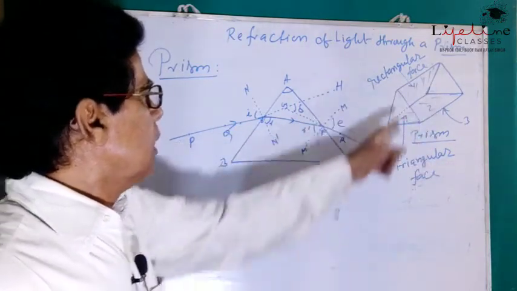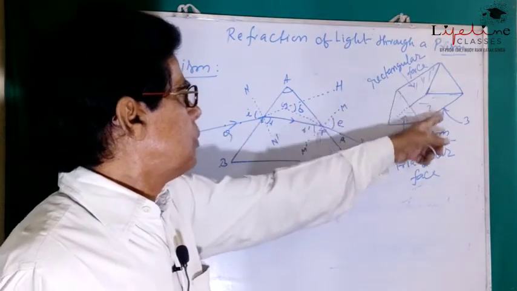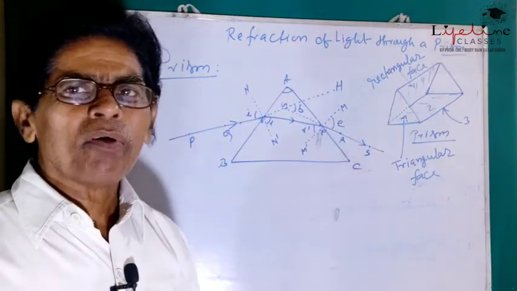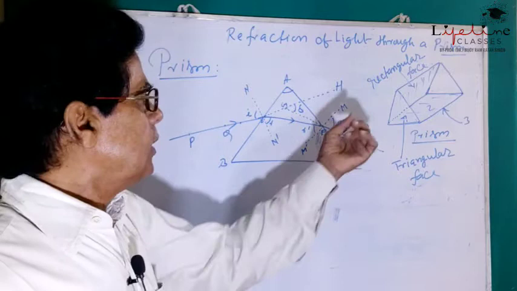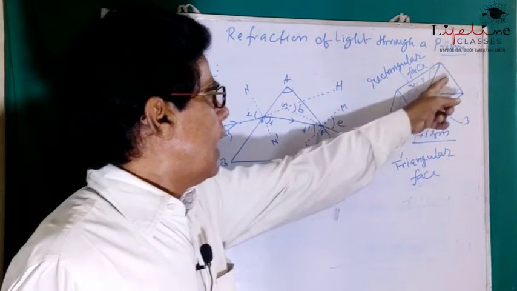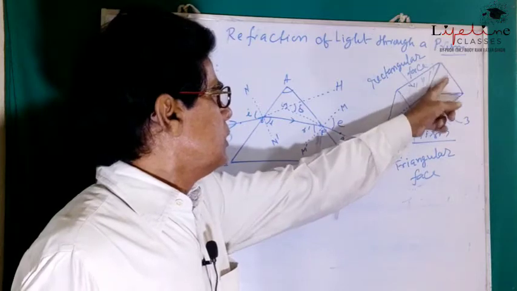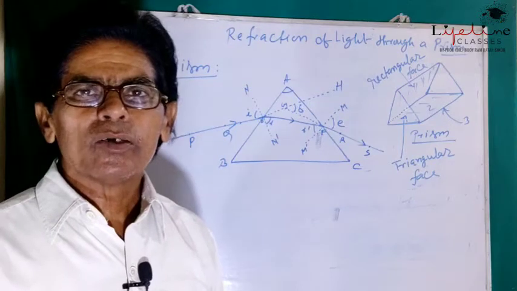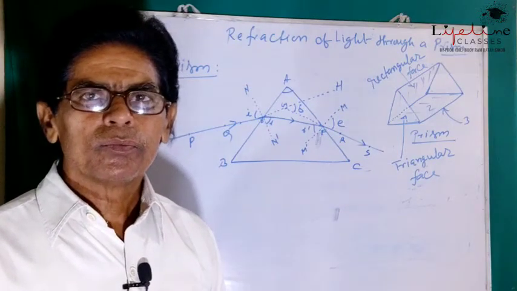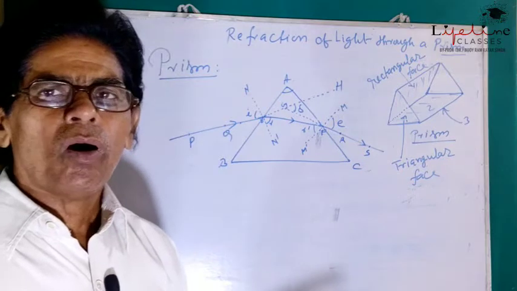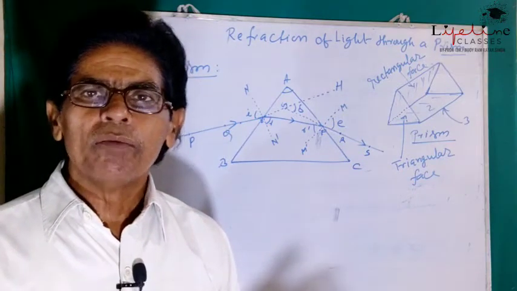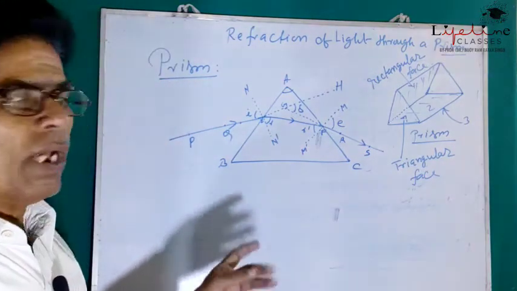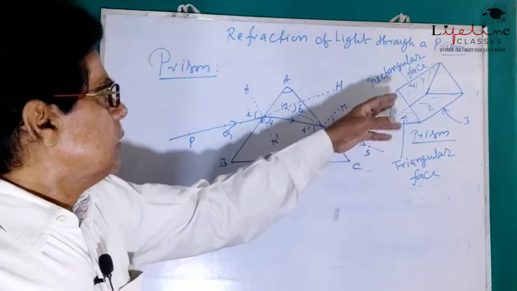Suppose that 1, 2 and 3 are these three rectangular faces, and this face and this face are the two triangular faces. So, in all, there are 5 plane faces in a prism, in which 3 are rectangular and 2 are triangular.